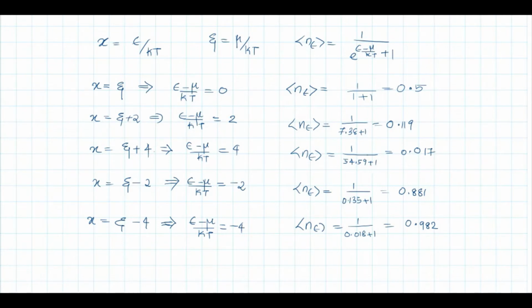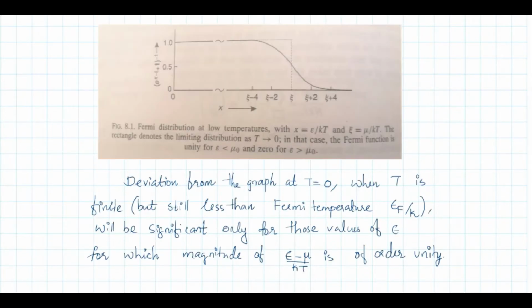And if you consider the left side, x equal to theta minus 2, then (E minus mu) by kT is minus 2, and the occupation number is 1 by 0.135 plus 1, and that is 0.881. For x equal to theta minus 4, it becomes 0.982, that is, very close to 1. That is, the deviation from the step function, the graph at T equal to 0, is only in a very small region around this Fermi energy, and this difference is of the order of unity.